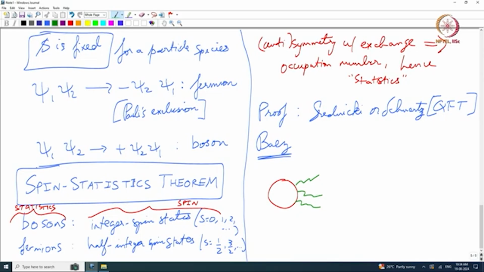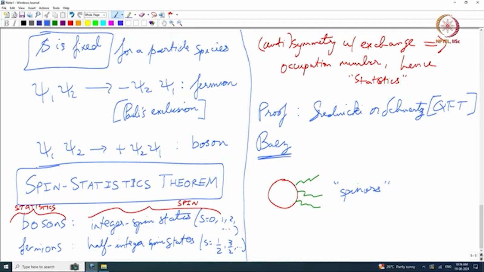Now what do we know about fermions? What do we know about spin half particles? That they are described by states known as spinors. Correct?